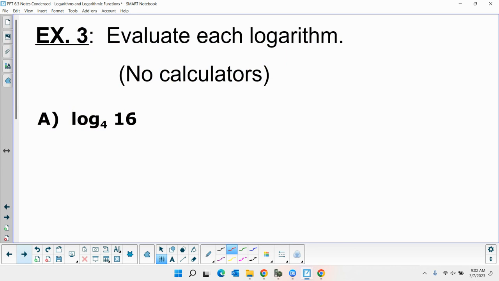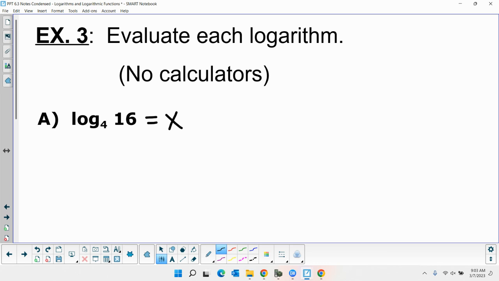Okay, so this says evaluate with no calculators. So here's what you do. When you have to evaluate with no calculator, always write equals x after it. And then rewrite it in exponential form.